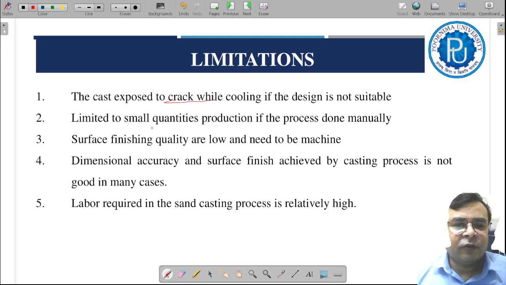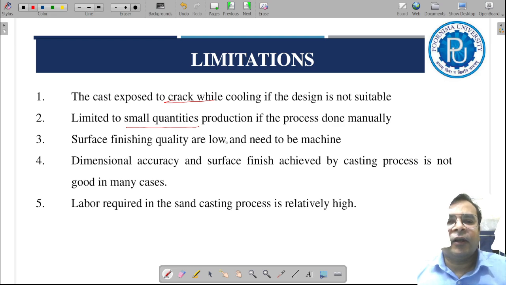Next, it is limited to small quantities. Casting is a slow, time-taking process, because several activities are involved. So casting is able to produce only a small quantity, especially when done by the manual process.